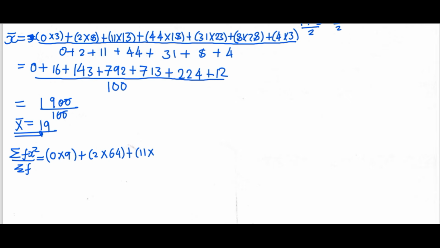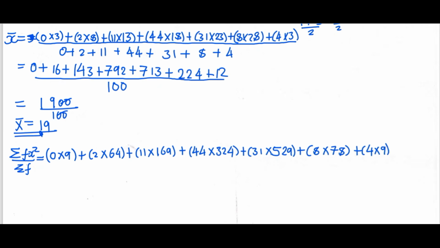So 3 squared is 9, plus we have 2 times 8 squared is 64, plus 11 times 13 squared is 169, plus 44 times 18 squared, I'm getting 324, plus 31 times 23 squared, so 529, plus 8 times 28 squared, 784, plus we have 4 times 33 squared is 1089.